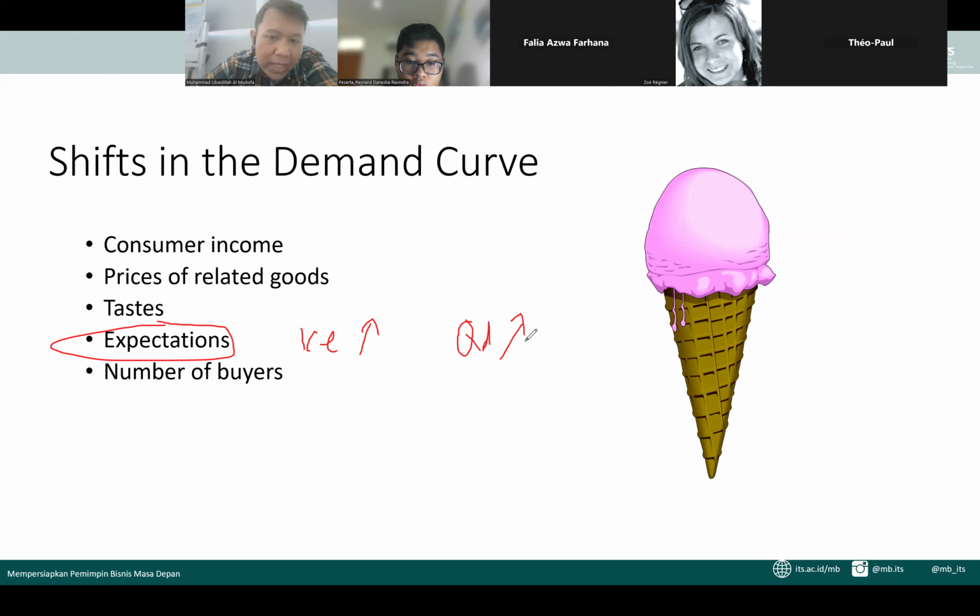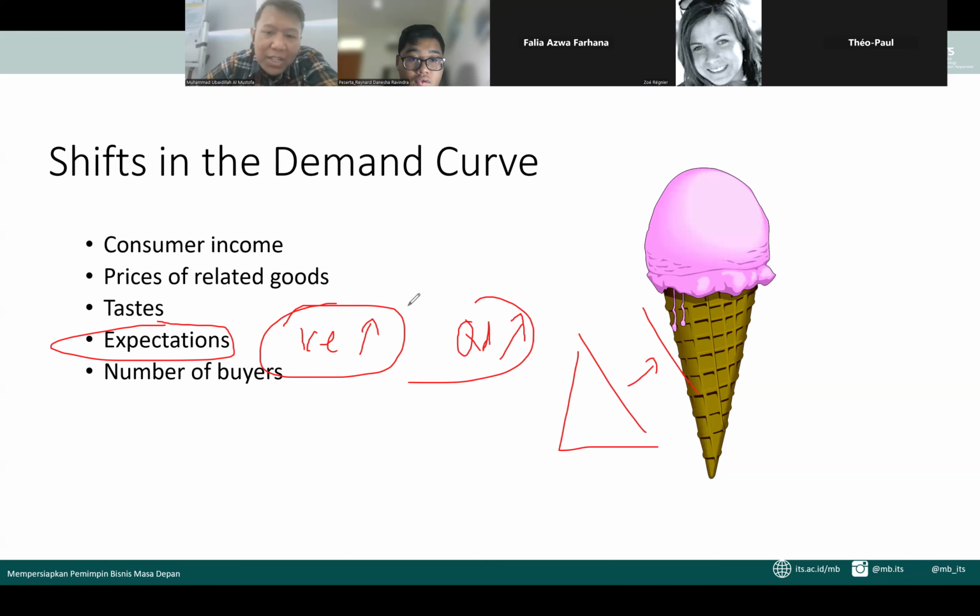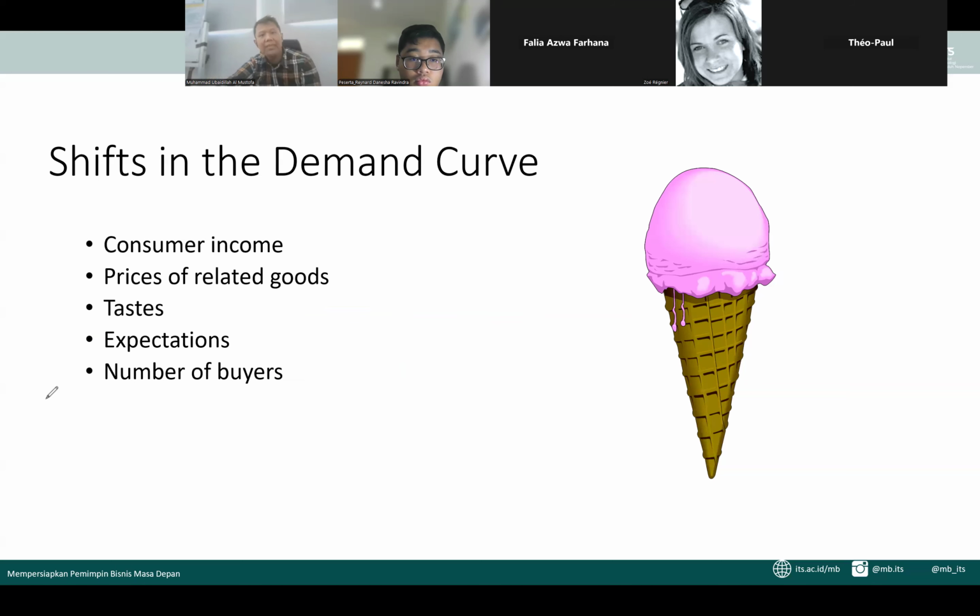Quantity demanded today will increase, because they know that in the future the ice cream price will increase. So they will buy today while the price is still cheap, right? So this will also shift the demand curve to the right, so that you'll see the quantity demanded today will increase.